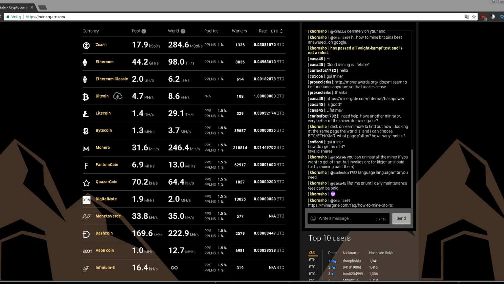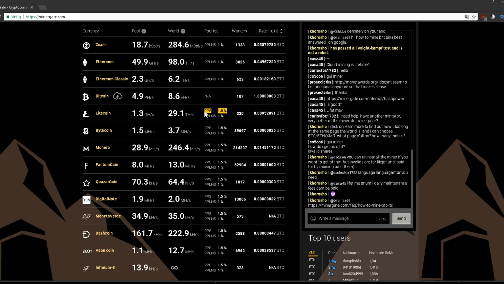Here you have pool fee, and pool fee means that the pool is taking a percentage of what you're mining. So you're mining X amount of shares, and these shares are being charged a fee. You have two methods of mining. There is pay per last N shares, PPLNS, and there is PPS, pay per share. For PPS, they will charge you a higher fee, as you can see here.